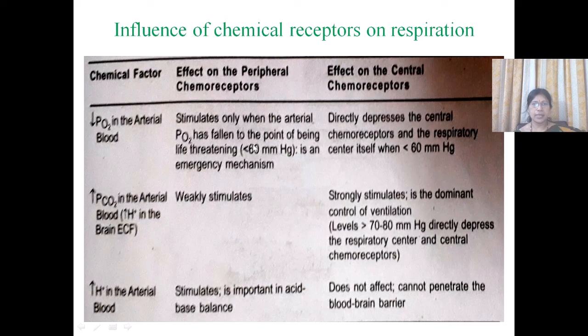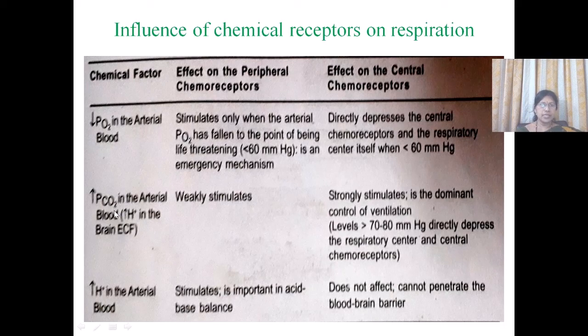So below 60 is life-threatening. It is an emergency mechanism. And this lower PO2 affects the central receptors directly, and depresses them and the respiratory center itself when it is less than 60 mmHg.